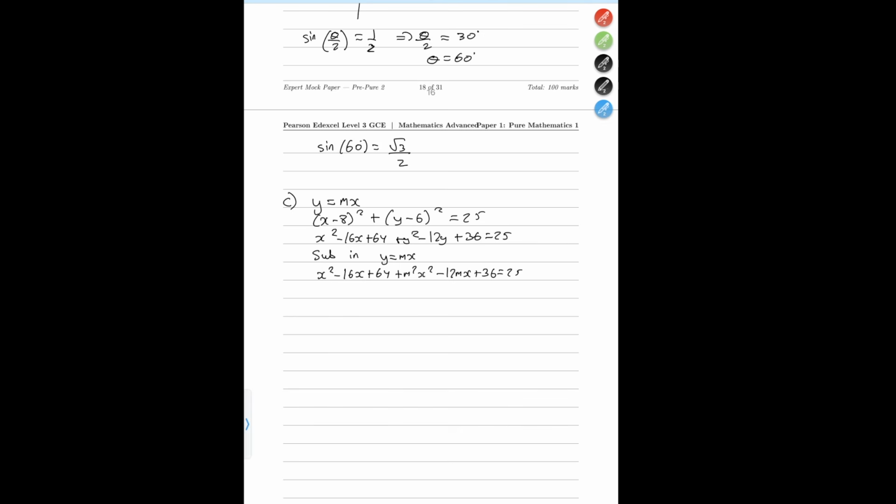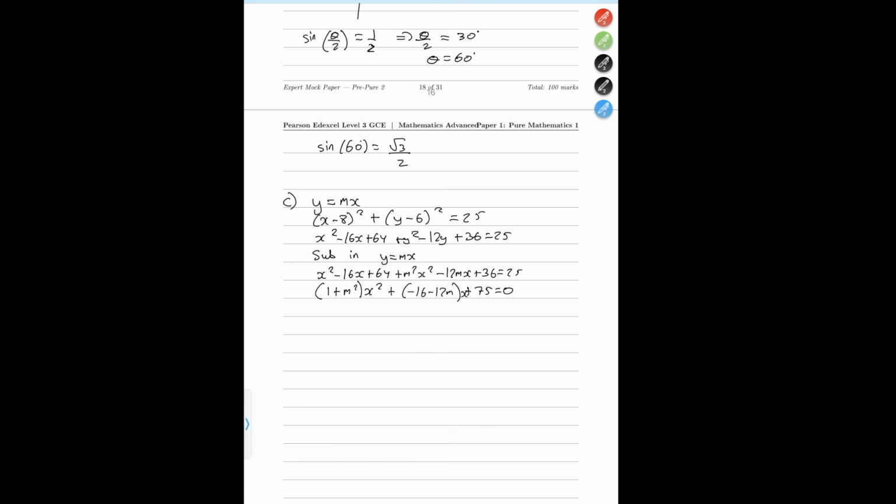Now I'm going to combine my like terms. So I will get 1 plus m squared x squared. Okay, so I've combined my x squareds. If we combine our x's, so minus 16 minus 12m x, and then plus 75 is equal to 0. Oh, sorry, there should be an x here.